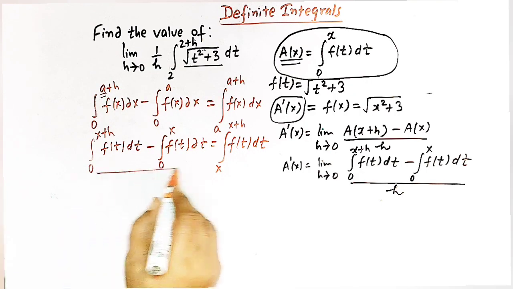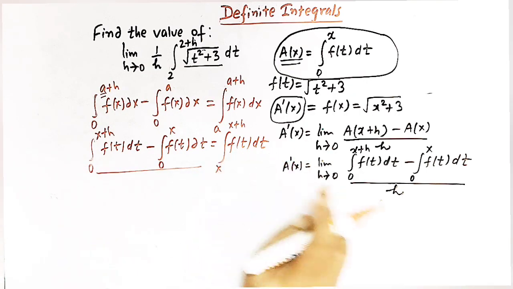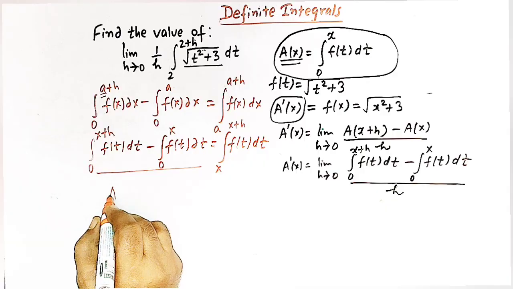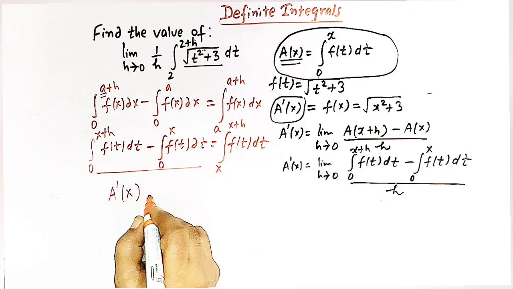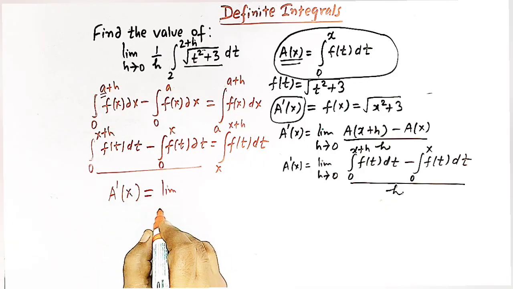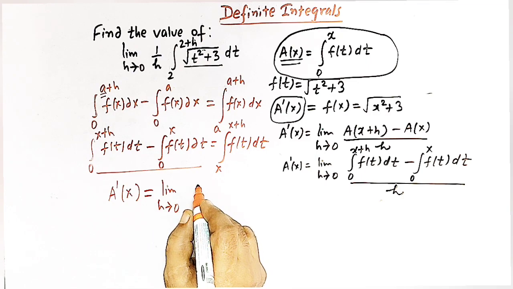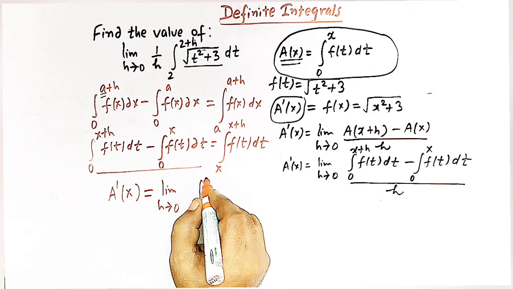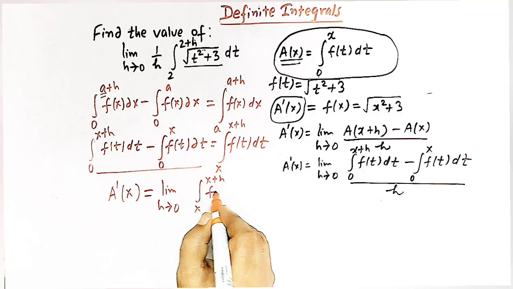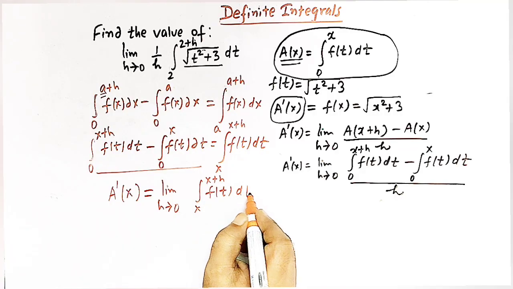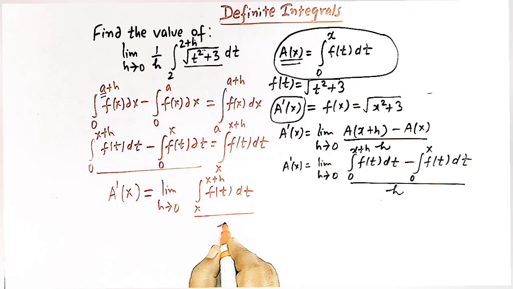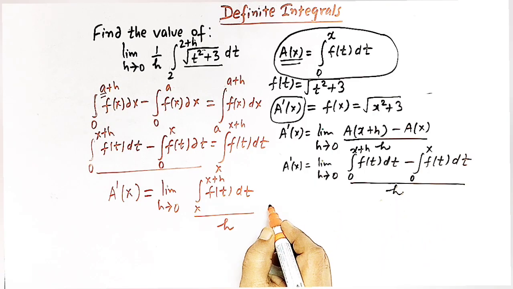So replacing this difference by this integral, we can now write A prime of x is equal to the limit as h tends to 0 of the integral from x to x plus h of f of t dt, and in the denominator we have h, right?